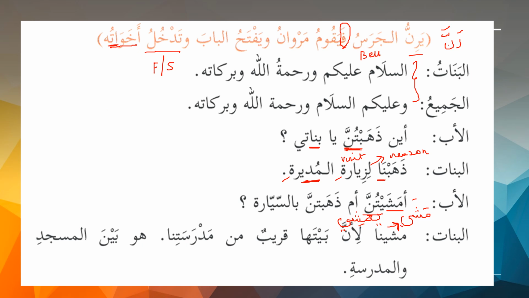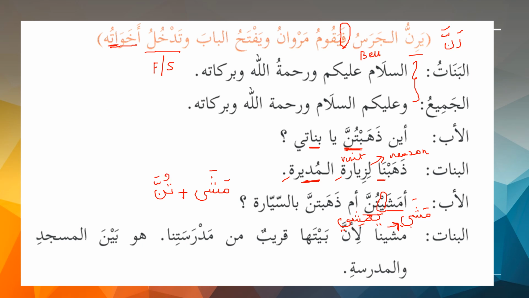But what happens when the same past tense is attached with the pronoun tunna? What happens to the alif maksura? It changes to ya with sukoon. Mashaytunna. So that's your way of attaching the pronoun. Masha with the alif maksura with the pronoun tunna.